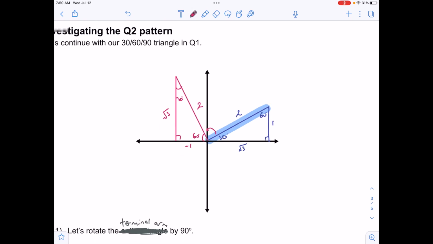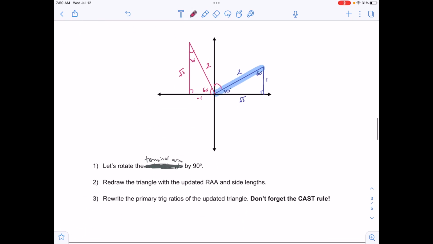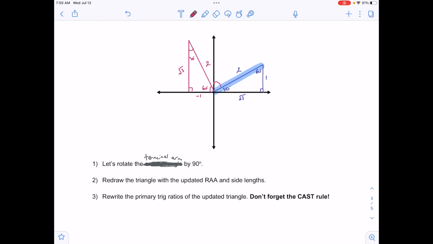What I'm going to do now is rewrite our primary trig ratios for the updated triangle. And how far has my triangle been updated? This was a 90, and then I rotated it, and this interior angle here is 30.